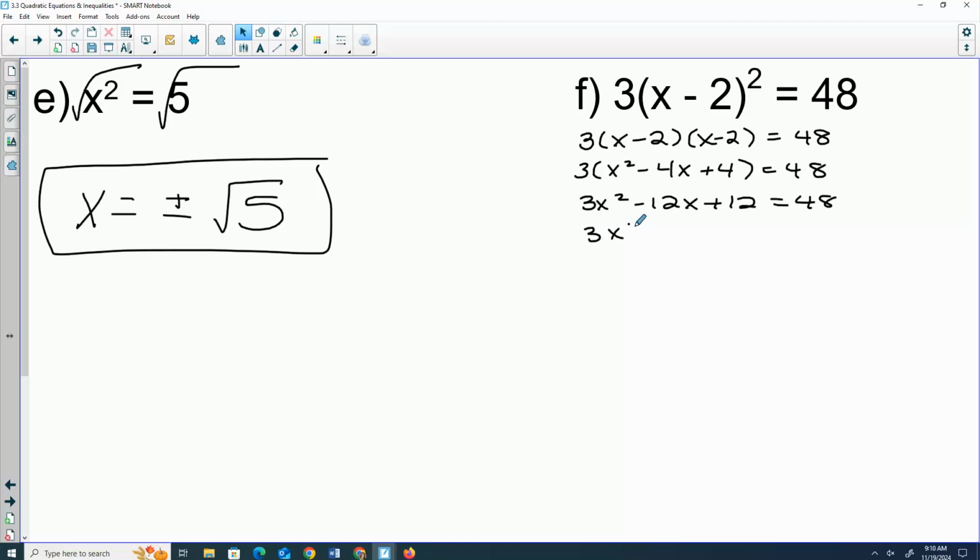Subtract over my 48. I need to do something before I do slip and slide here. What should I do? Yeah, greatest common factor. What can I take out of all these?